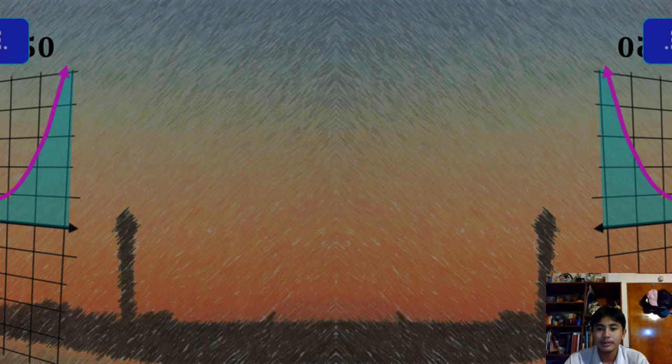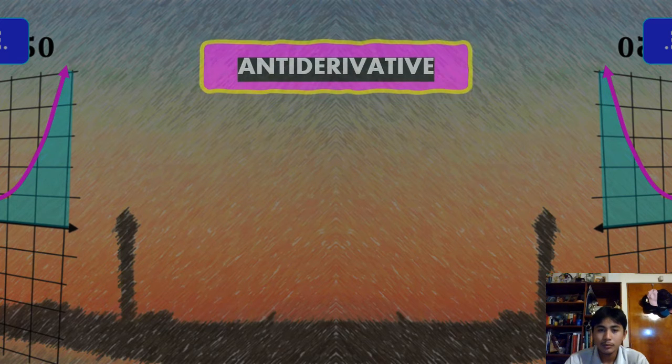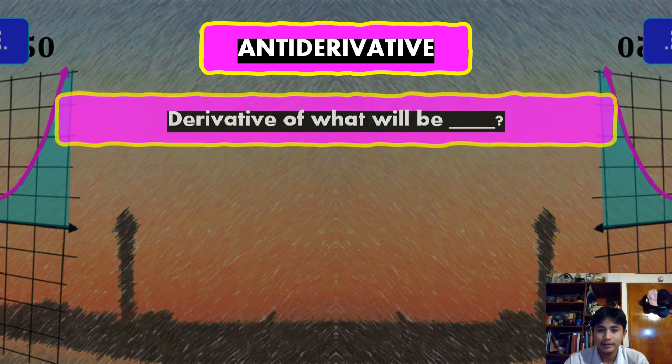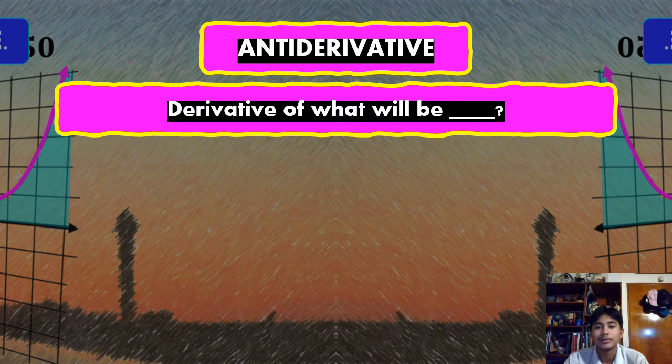The antiderivative is the opposite of the derivative, right? So the derivative of what will be x squared? In order to visualize this, we have to go backwards. Using the power rule, you know that when you take the derivative of something, it's usually one power less. Like if you have x cubed, the 3 hops down to the front and you get 3x squared, right?